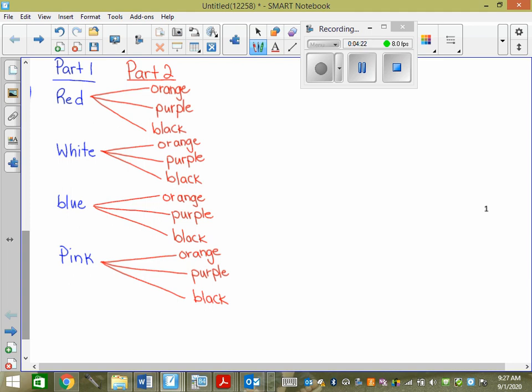A red with an orange middle, a red with a purple middle, a red with a black middle, so 3. White with an orange, a white with a purple, a white with a black, so 6. And so on, so 12. If we only had this and this, how many parts does this have? 4. Times how many parts does this have? 3. So we're proving it's working so far.